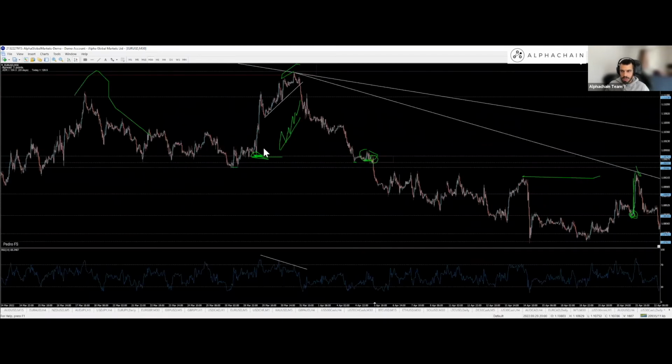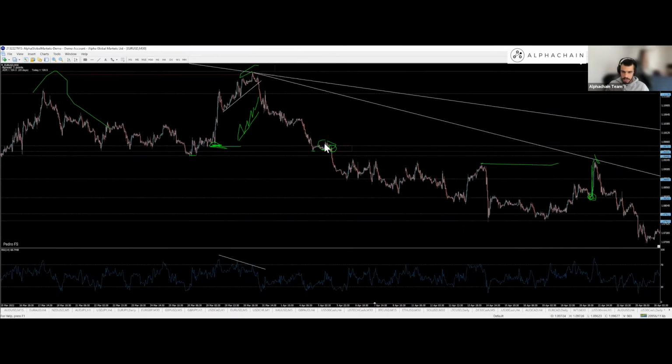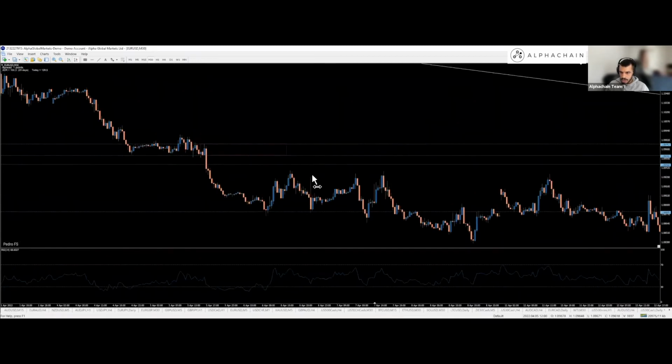So you have your first zone when you're doing those 4-hour, daily time frame zones or highs, lows, support resistance levels. But then if you want to go into detail, you can zoom in a little bit more. You see when the zone was broken or respected. In this case, it was broken, and then you can go there and try to see what you like in here. So maybe you can start doing exactly the same exercise within this zone.